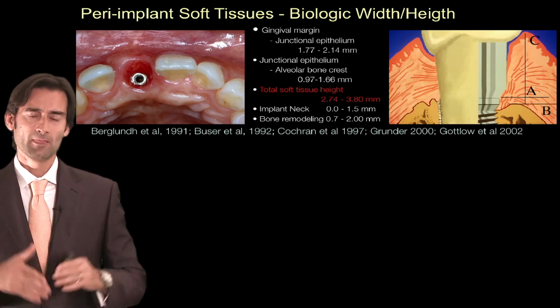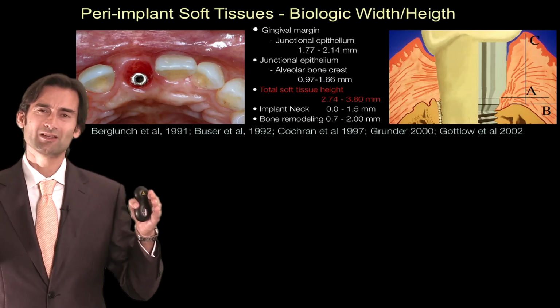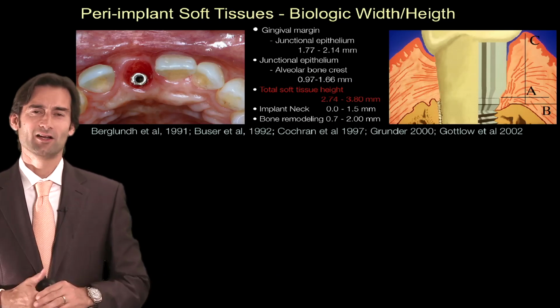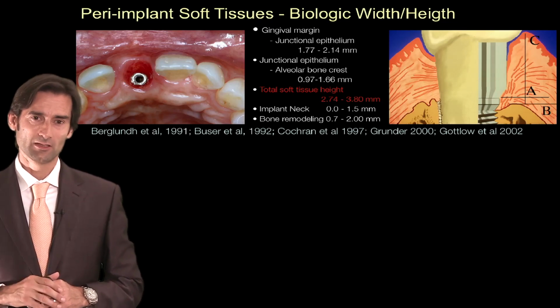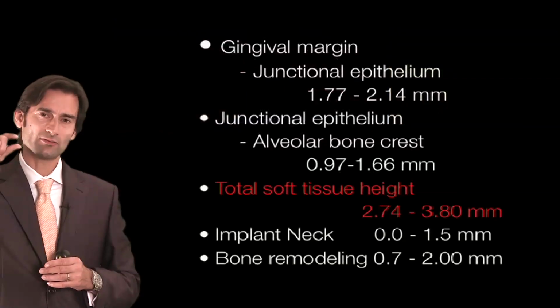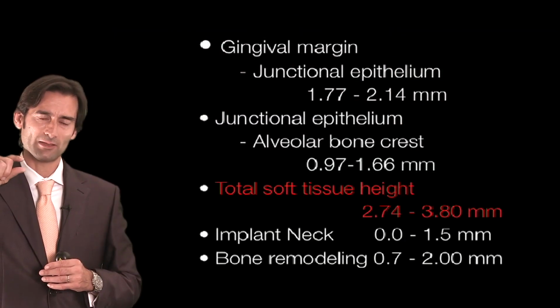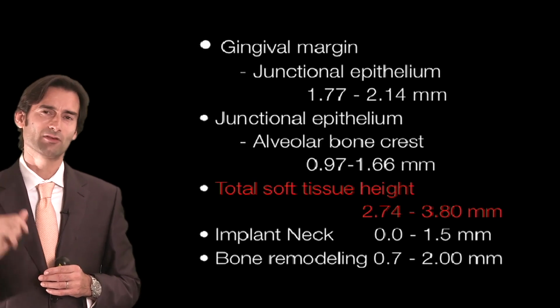And you can see here that the literature references which go back are now almost 20 years of perfect aesthetics based on soft tissue stability. So we have here studies which have shown that the soft tissue dimension around implants on top of bone is stable at approximately 3 millimeters.